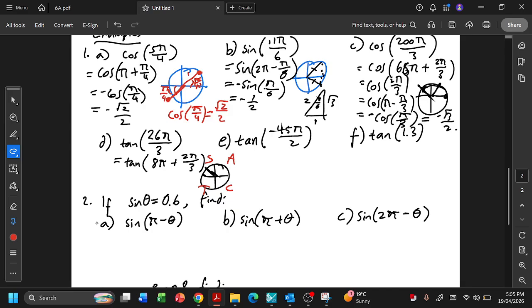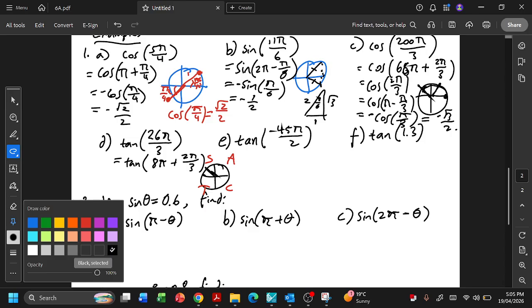This is just basically the letters for the particular value of sine, cos, or tan, which one of them is positive in that quadrant. So in the first quadrant, all of them are positive. In the second quadrant, sine is positive and cos and tan are negative. So therefore, tan is negative in this quadrant.